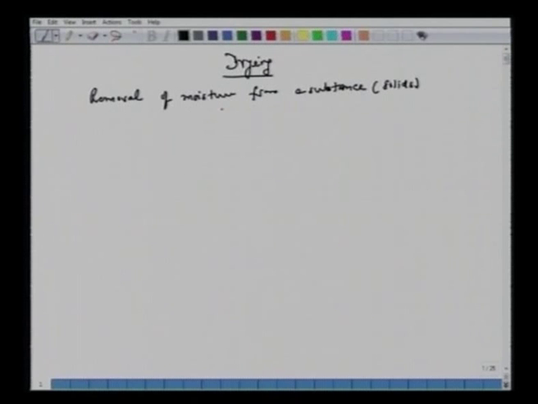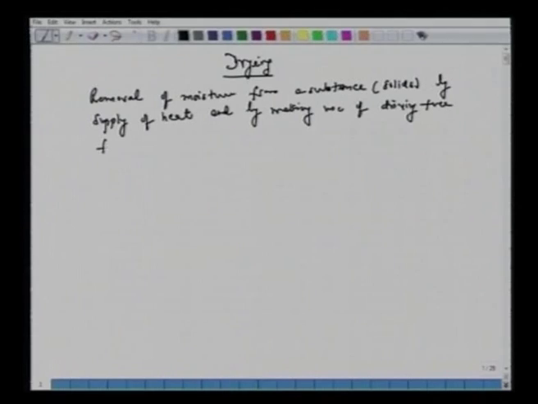So removal of moisture from a substance by supply of heat, so we have to give this energy, and by making use of a driving force for mass transfer. We will come to this again in detail, but this driving force is nothing but the partial pressure at the surface and the partial pressure in the air stream.